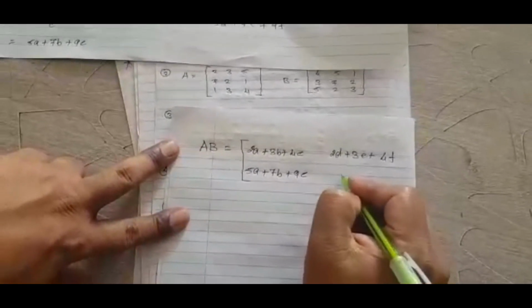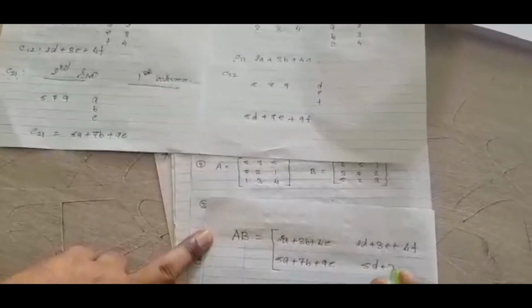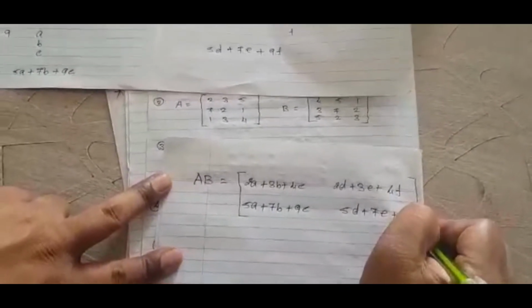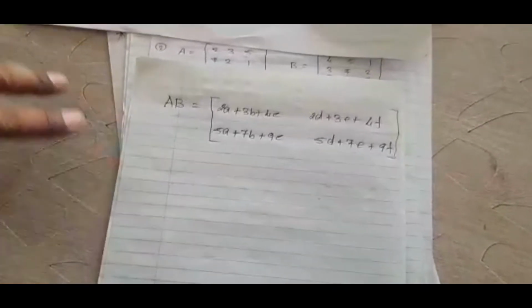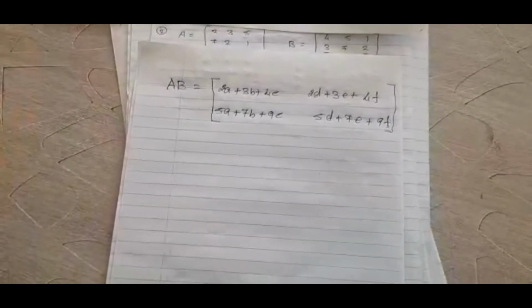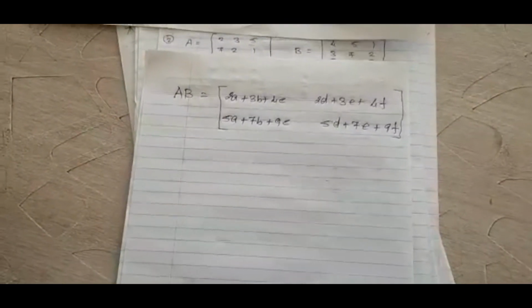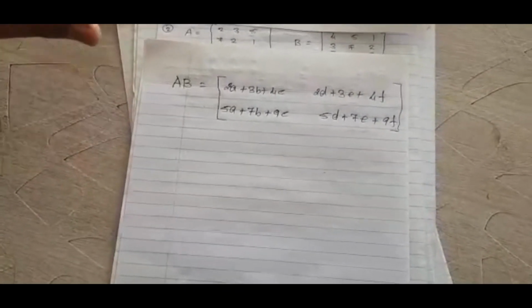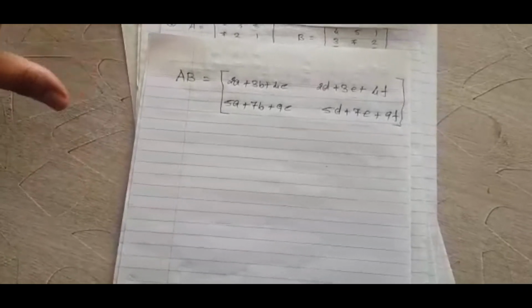And the last one, C22, is 5D plus 7E plus 9F. So like this we get a 2 by 2 matrix, the product of A and B. Please try to understand slowly. It's a very difficult process, but once it comes into your mind, it will be very simple.